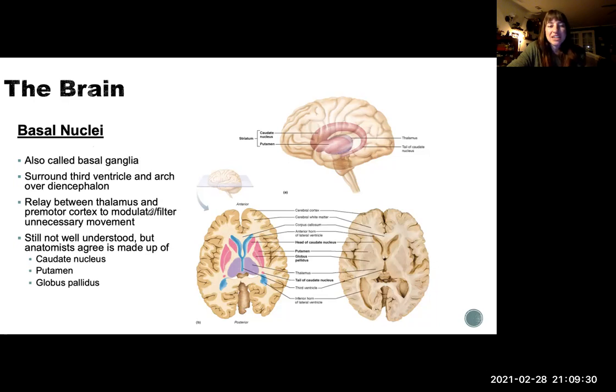They are relay stations between the thalamus at the center of the brain and the premotor cortex, right, which is over here on the frontal lobe, to modulate and filter unnecessary movement, right?